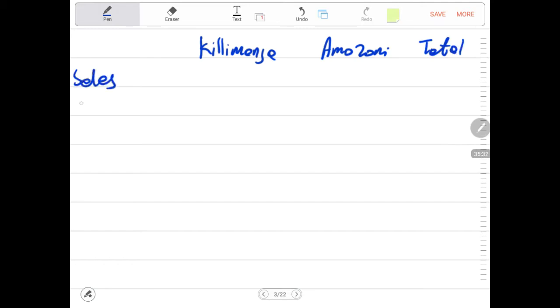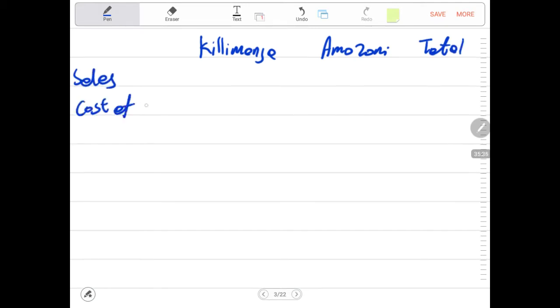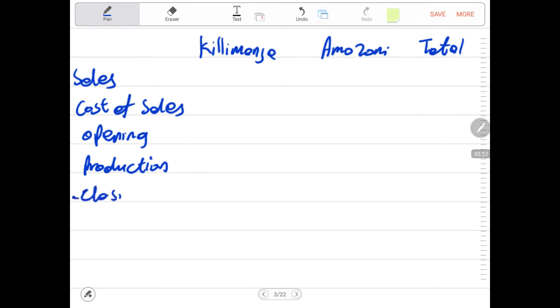We have our sales minus cost of sales. Our cost of sales are made of the opening inventory. They are made of the units that were produced at total production cost, minus closing inventory.